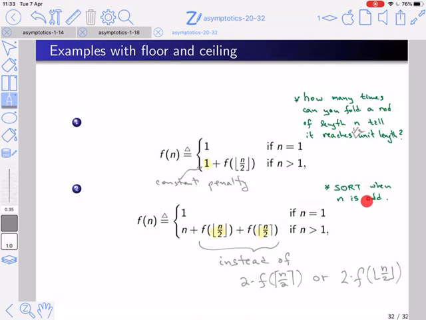Because when n is odd, you divide the big list into 2 sublists, and they do not divide equally. So one will be n divided by 2 rounded down, and the other list will be n divided by 2 rounded up. And then you will sort each one of them recursively and apply merging. Okay? Now you may ask, what is the solution to this recurrence?